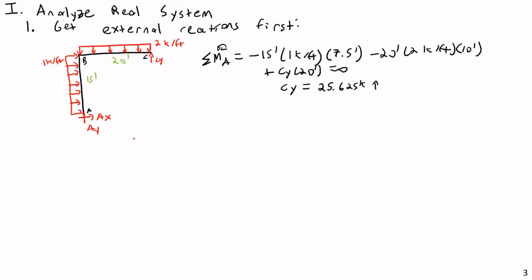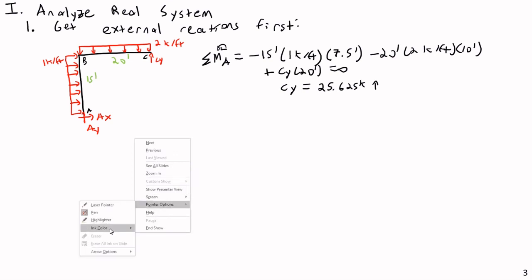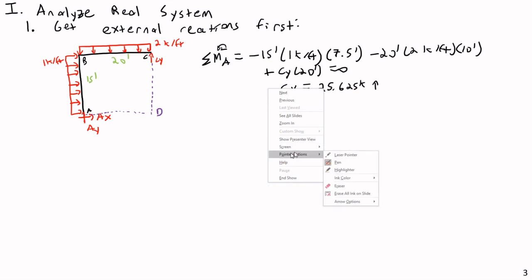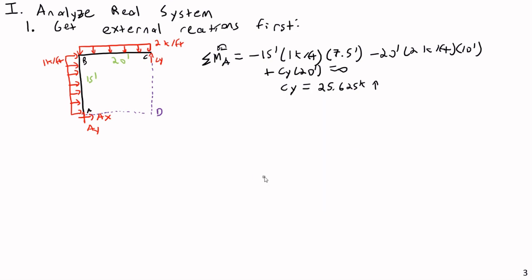For my next moment, I'm going to draw a little extension here and define my own point, point D, where the line of action of AX and CY meet. That allows me to cancel out the moments produced by CY and AX.